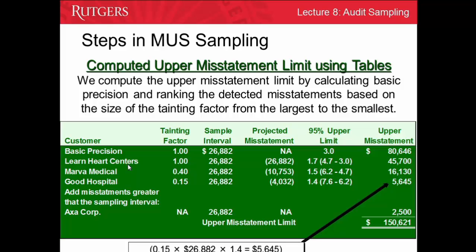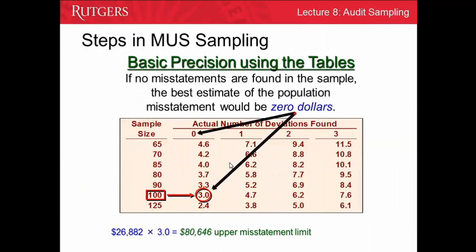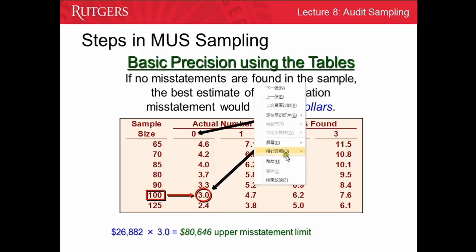And then we find one misstatement item in this sample, and then we go back to this table. If the sample size is 100, and the number of deviations is 1, then the upper misstatement limit factor is 4.7.